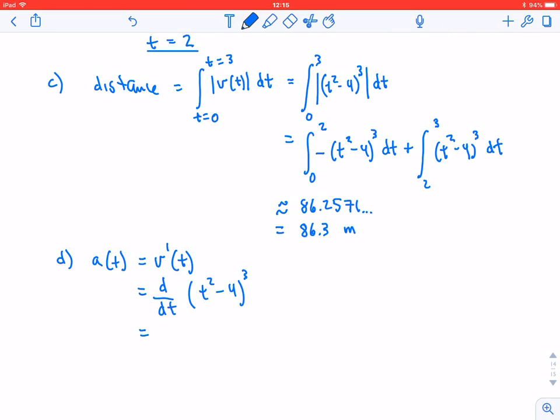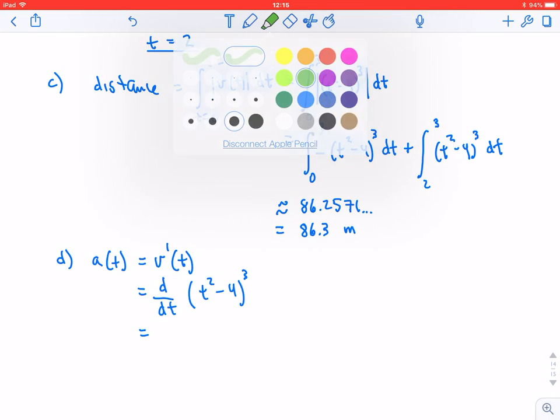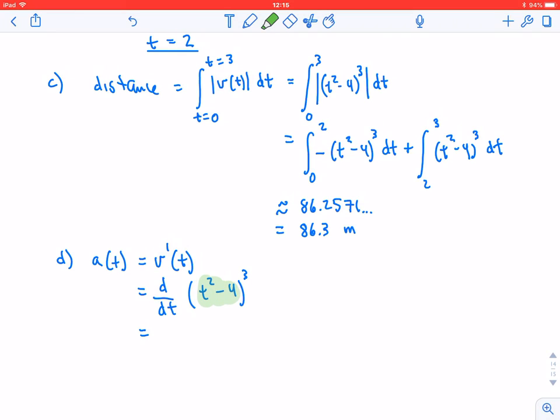This is something crying out to us to use the chain rule for. So this is our inside function right here. And something cubed, if we're taking the derivative of it, is going to be 3 times that something squared.